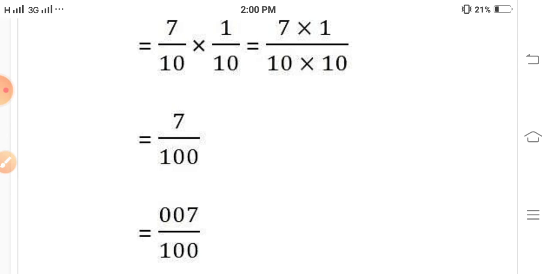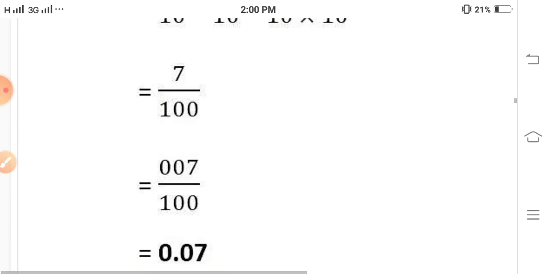So now we will put the decimal point after two digits. As there is only one digit in the numerator, we will add two zeros in front of 7. So it becomes 0.07.